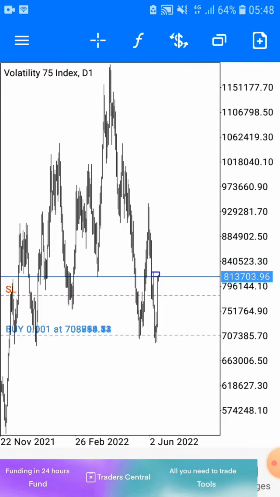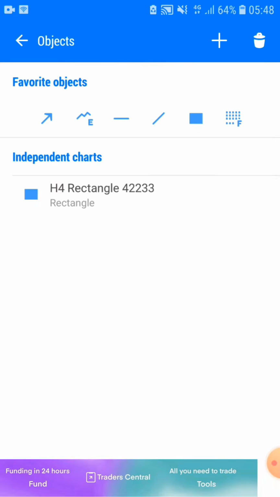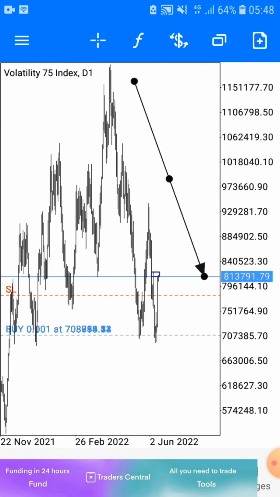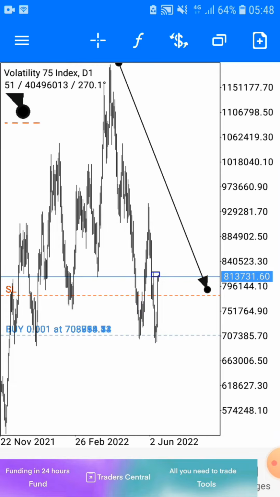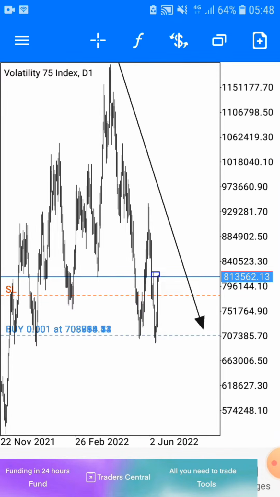Now on the daily time frame, I'm sure we can both agree that the market bias is a downtrend, as the arrow clearly points to the downside direction.